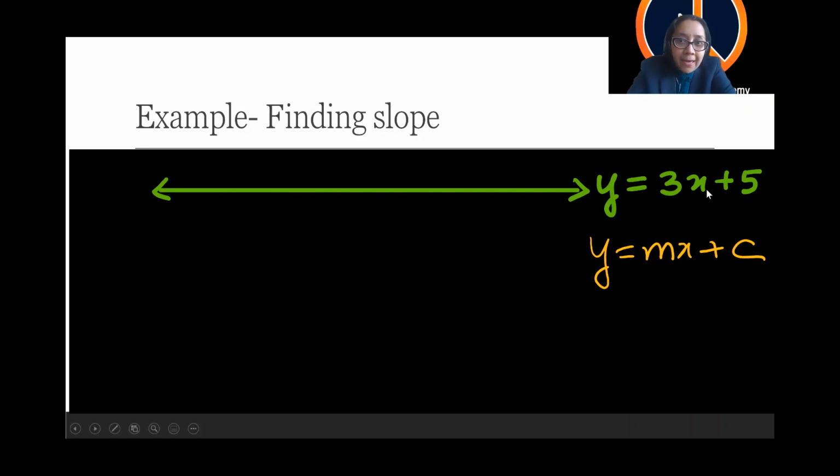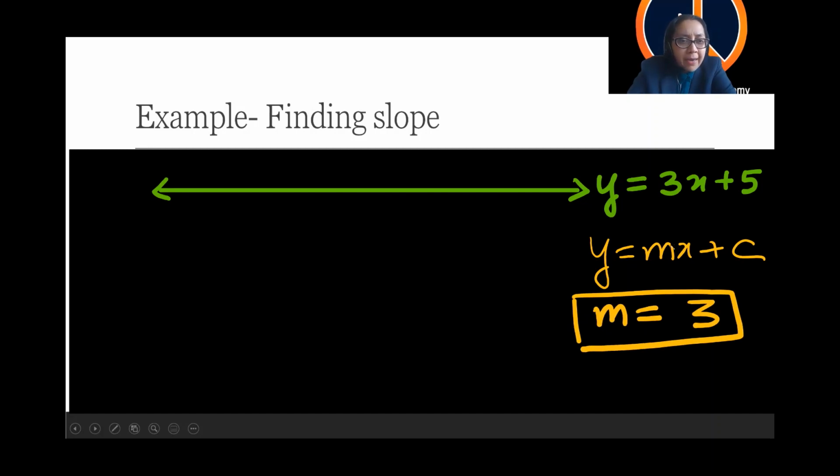Now you can compare the value of m and find that m is 3, and this is the slope. So if we compare any given equation with the general form y = mx + c, then we can calculate the slope for any equation of a line.